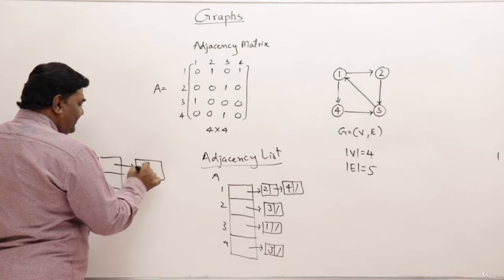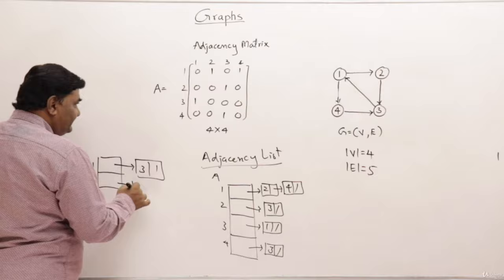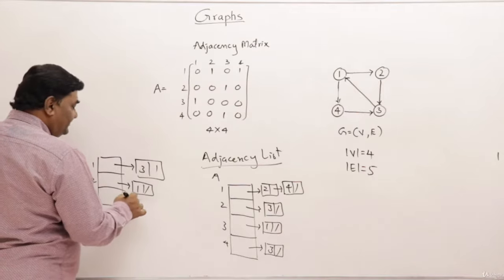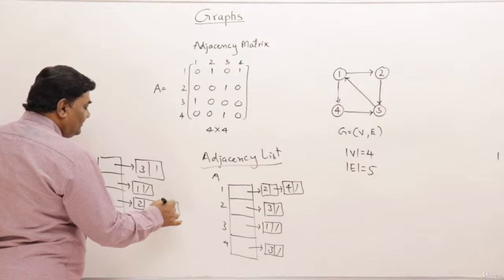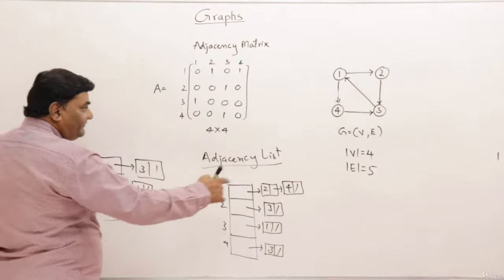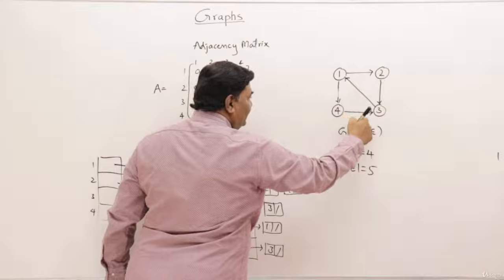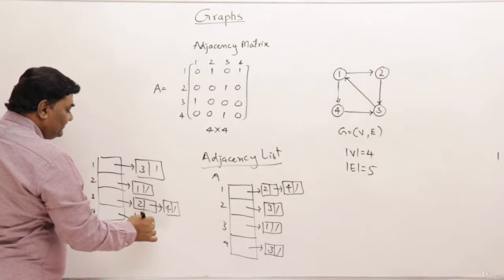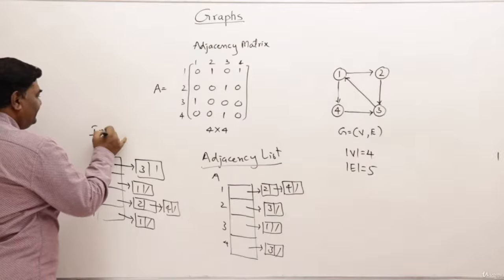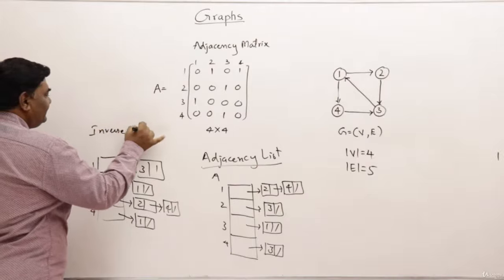So the edge is coming from 3, and on 2 the edges are coming from 1, and on 3 the edges are coming from 2 and 4. So you can see that there are 2 edges coming in. Then for 4, there is an edge coming in from vertex 1. So this is the inverse adjacency list.